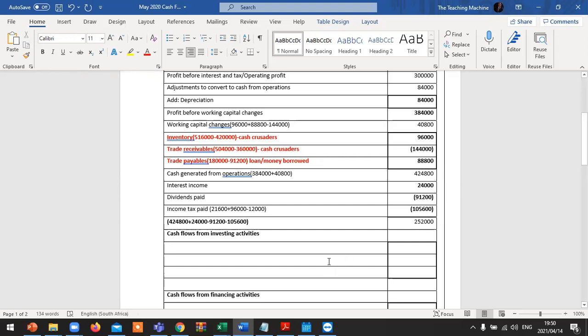Mr. Mtombeni, is it also correct, when calculating the working capital change, to say 96,000 minus 144,000 plus 88,800? Yes, that's correct. Both are correct, it's going to be the same.